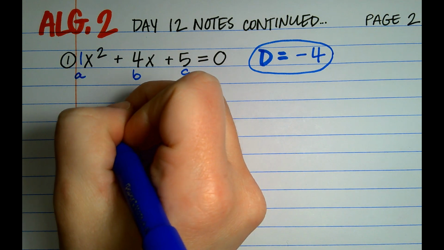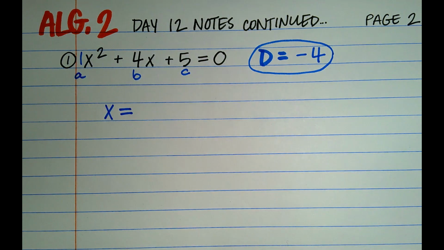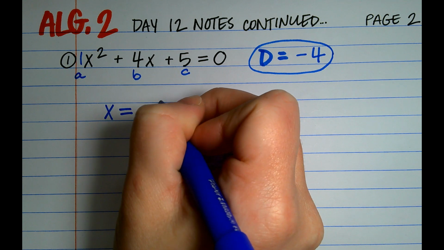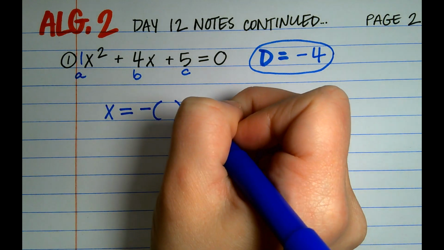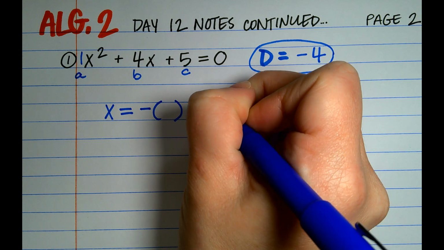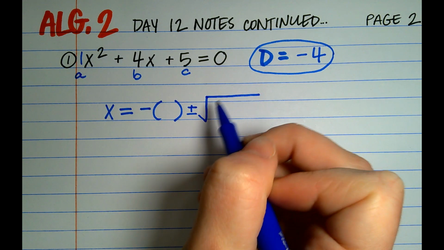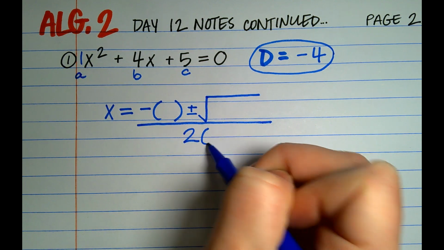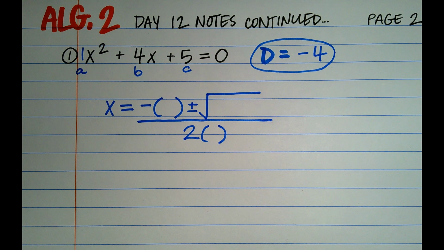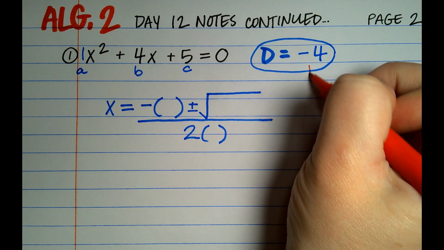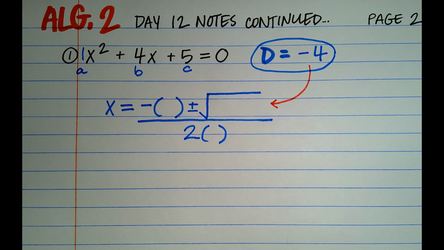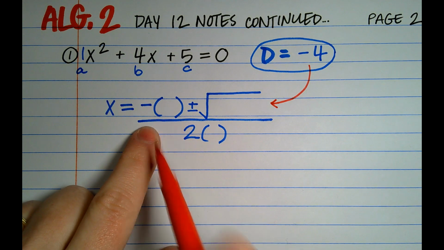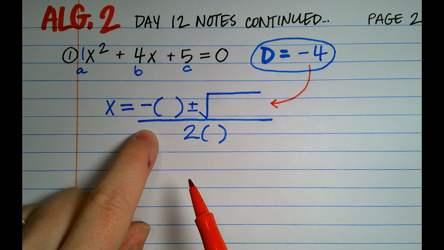And now I want to write x equals my negative b plus or minus the square root of the discriminant all over 2 times a. So what will go in my first space? 4.